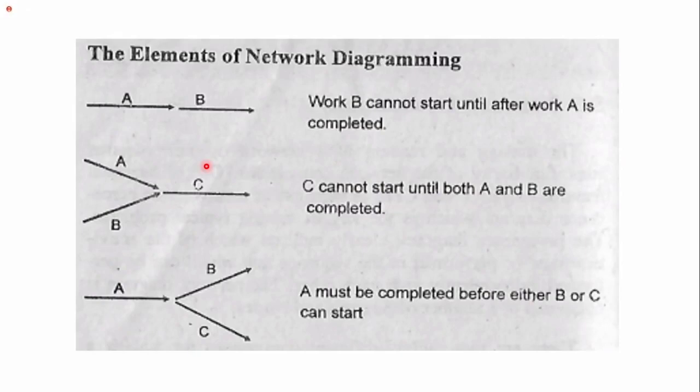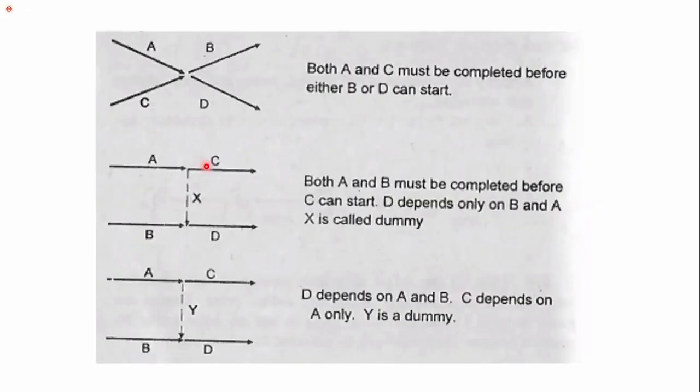And for the last figure, A must be completed before either B or C can start. For this one, A and C must be completed before either B and D can start.